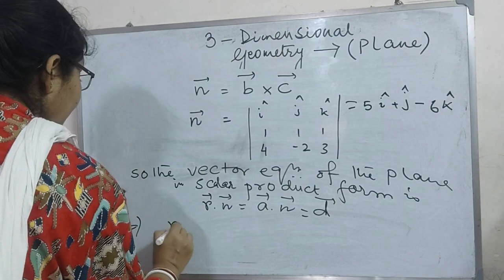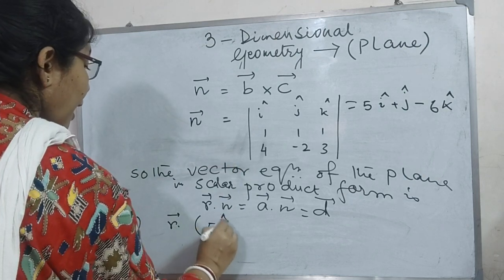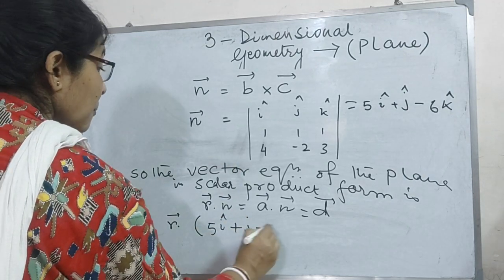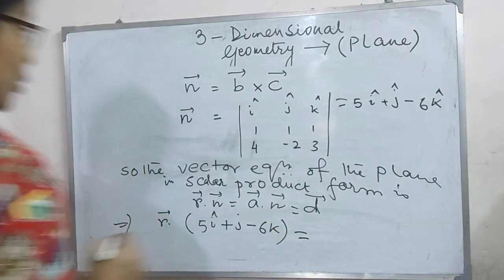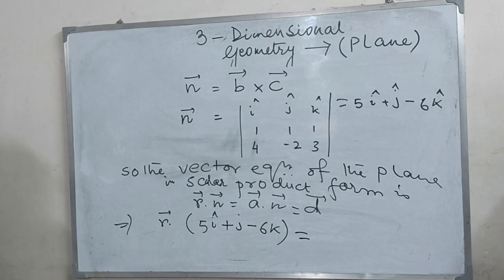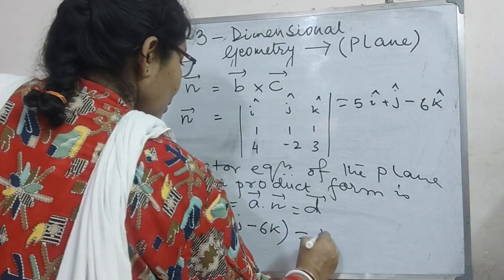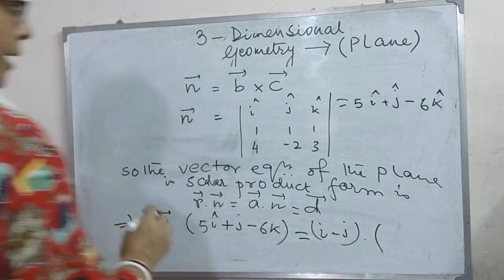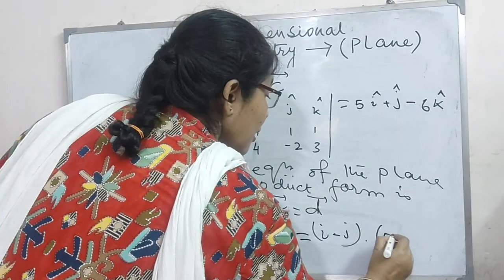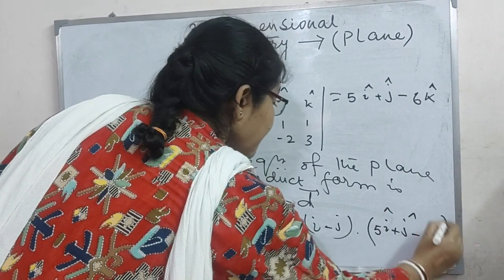Here r dot n vector, that means 5i plus j minus 6k, is equal to a dot n, a vector equal to i minus j, dot n equal to 5i plus j minus 6k.